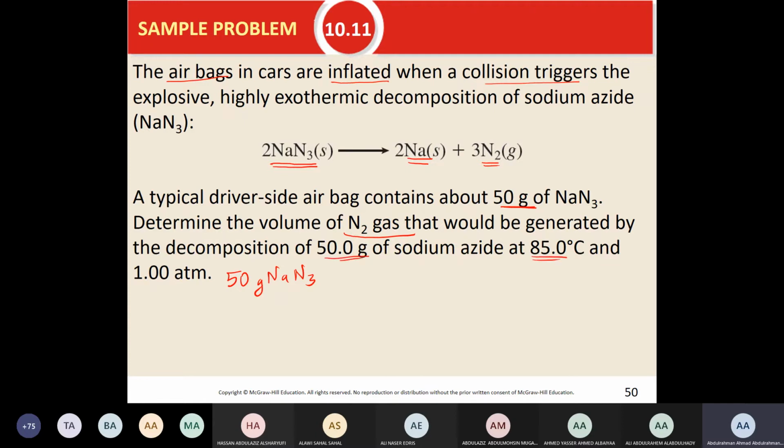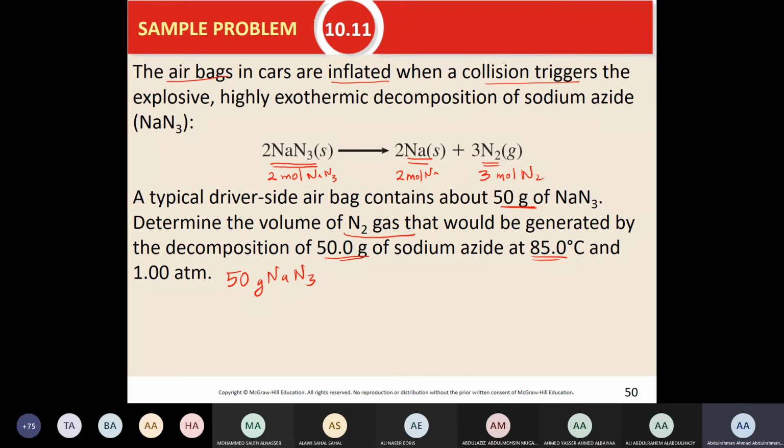at 85 degrees C. So from the equation, how can I relate things? Convert gram to mole. I can say that 2 moles of NaN3 react with, or give, what? 2 moles of NaN3 give 3 moles of N2.